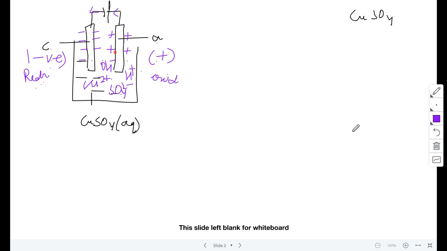Okay, so now let's talk about the negative electrode. What is happening at the negative electrode? What is the negative electrode? Can you tell me? That is cathode or anode? The cathode. Excellent.